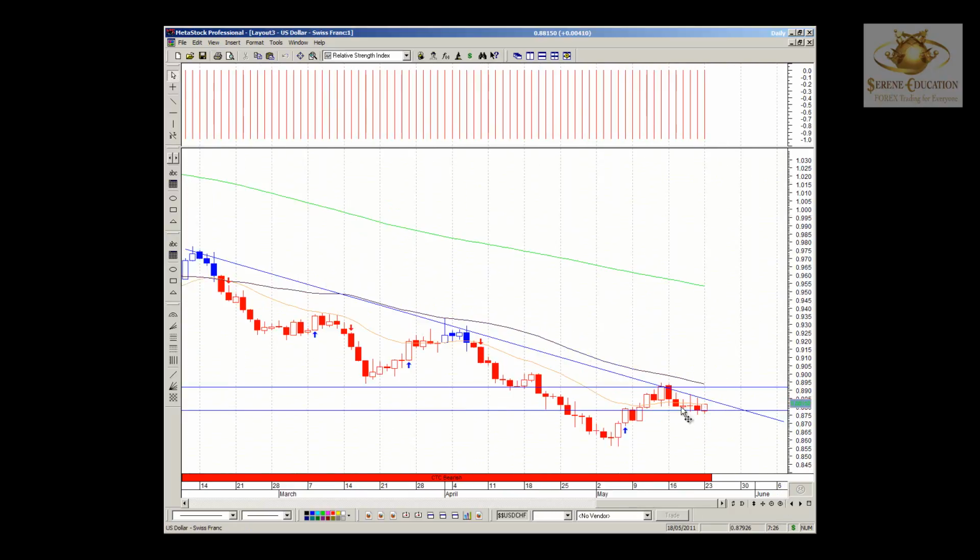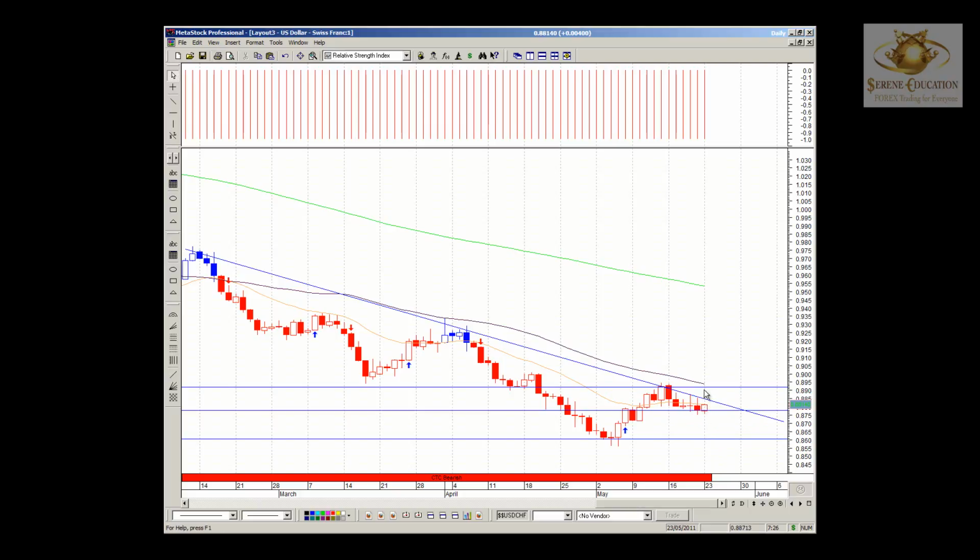Now you'll notice that over here, for example, when it bounced and hit that trend line, it fell away quite significantly. Here, however, we've seen it consolidate. It hasn't been a definite break lower and heading back to the prior swing at 0.8600. We've just seen a sideways move, and this is telling you pretty much that the US dollar is finding a bit of strength against its Swiss counterpart.